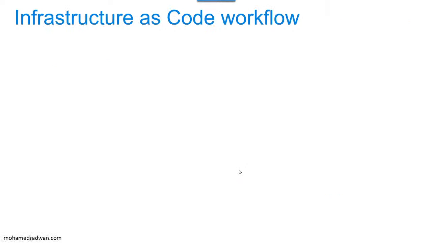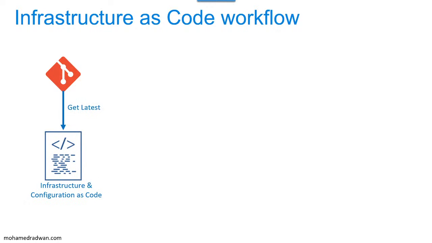So the infrastructure as code workflow, and this is a general workflow, starts with source control. You put all your infrastructure as code in the source control. Once you want to make any changes, you just get the latest and make the change. Once you complete the change, you don't usually run, update, or provision the infrastructure from your code on your local machine.